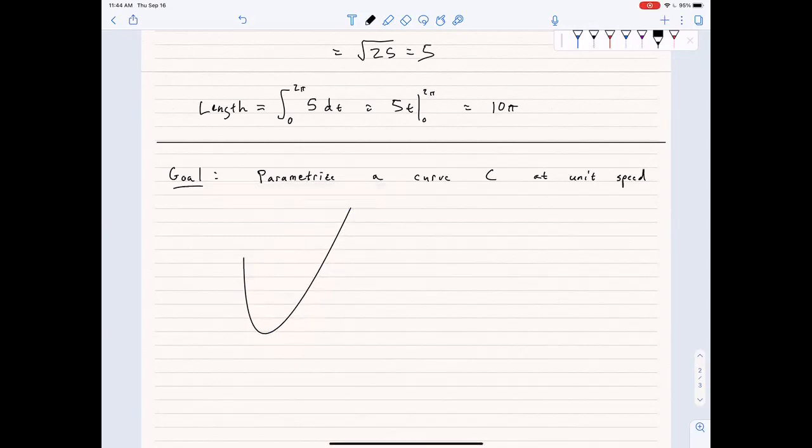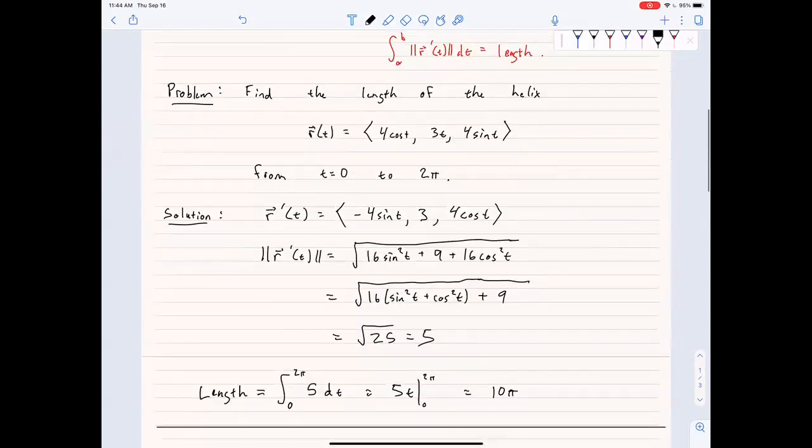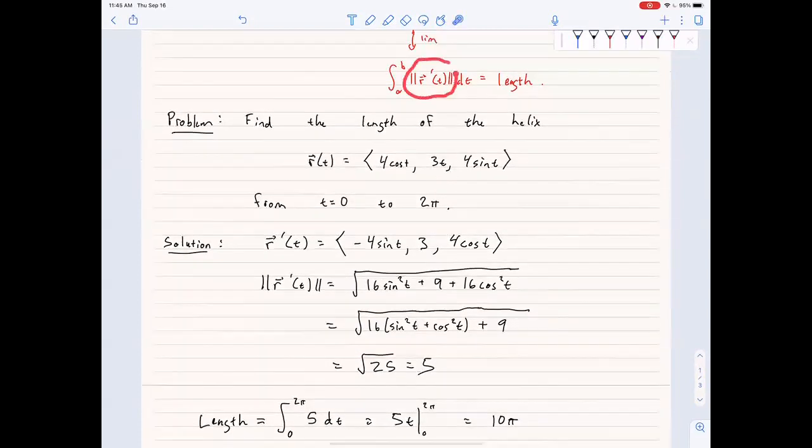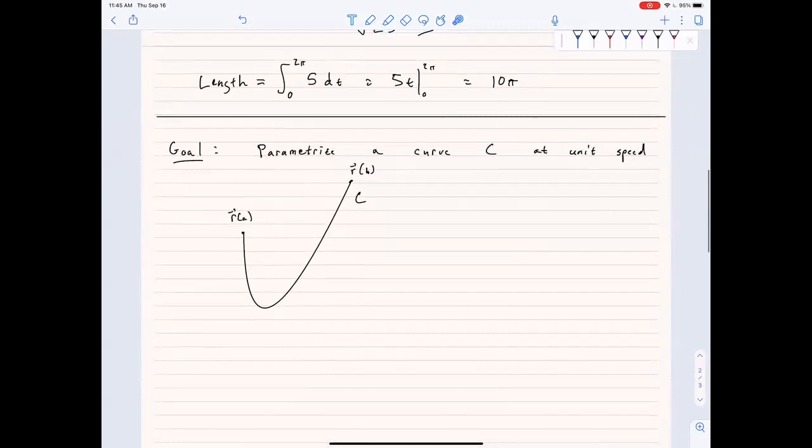So here's my curve C. And let's say it's given to us with some parametrization. So there's some R of A here, and out here we get to R of B. Well, when you look up at the formula to compute length, we see that we need to calculate this magnitude. We need to calculate the speed of our parametrization. And if you're given an arbitrary parametrization, of course, you can be going slow here, speed up, slow down, speed up, and so on.